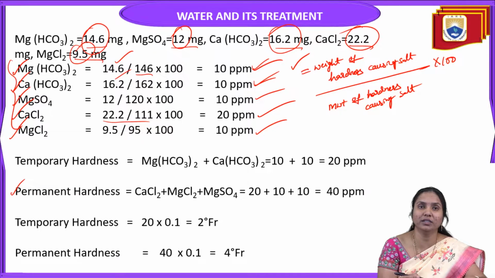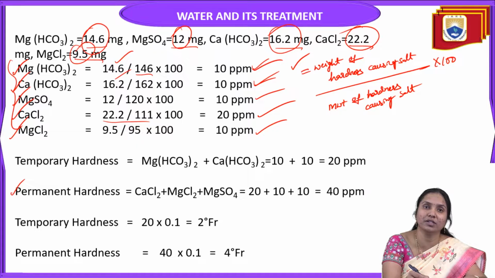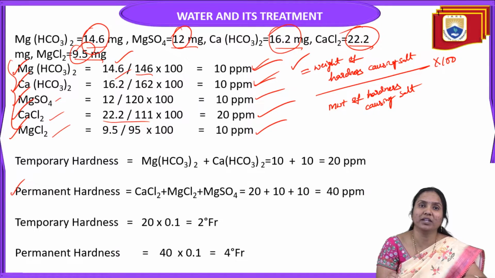In this data, the permanent hardness causing salts are magnesium sulfate, calcium chloride and magnesium chloride. After conversion, the values of calcium chloride, magnesium chloride and magnesium sulfate are 20 plus 10 plus 10, which is 40 ppm. So the permanent hardness of the given water is 40 ppm.